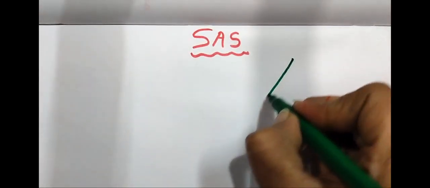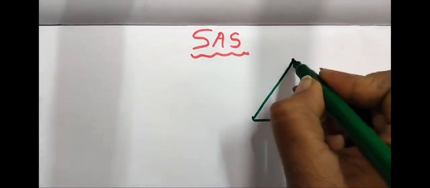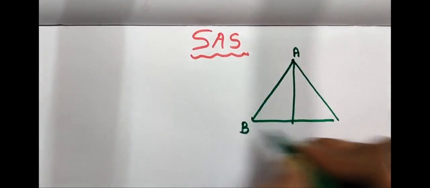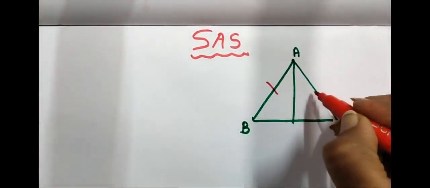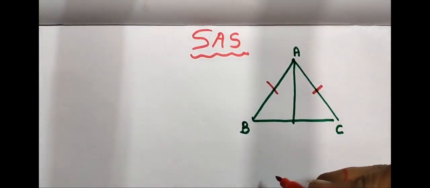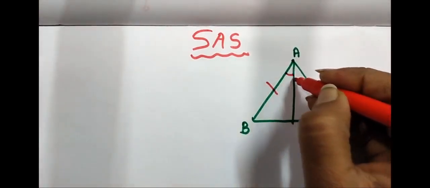So here we can take one triangle, that is ABC. A, B, C. In this triangle, it is given that AB is equal to AC and next it is given these 2 angles are equal.